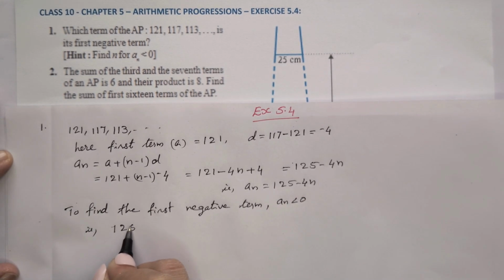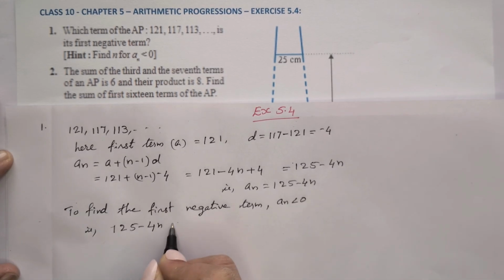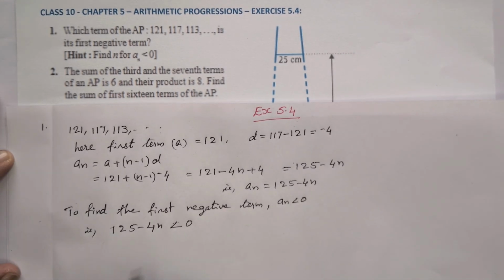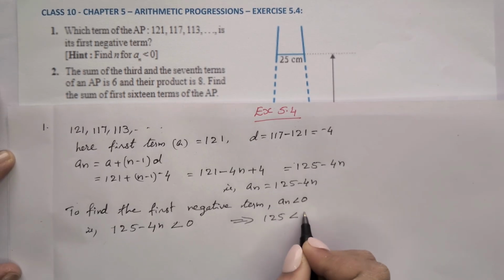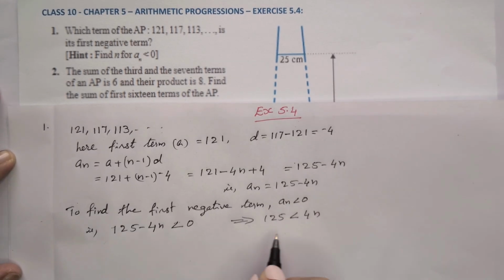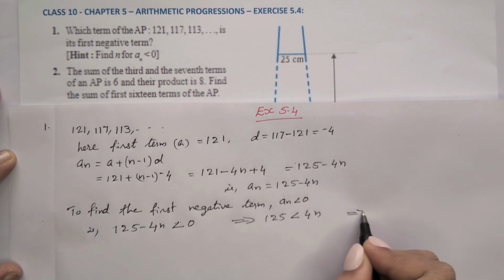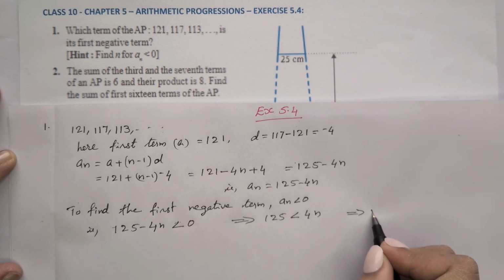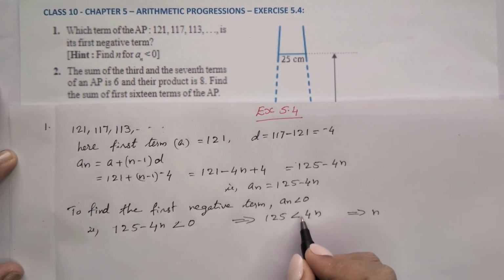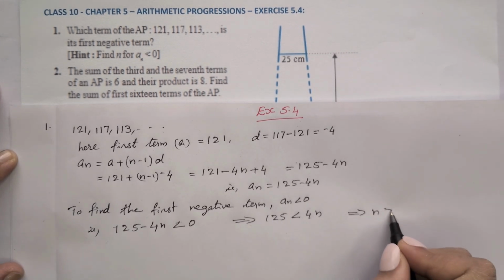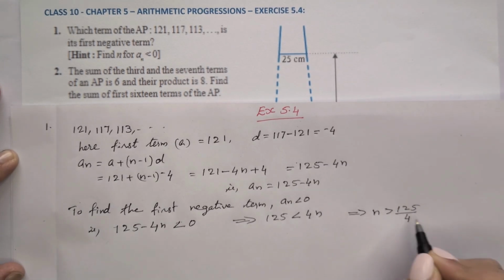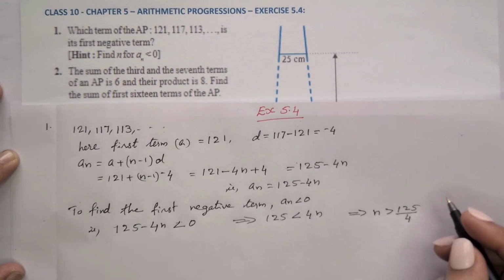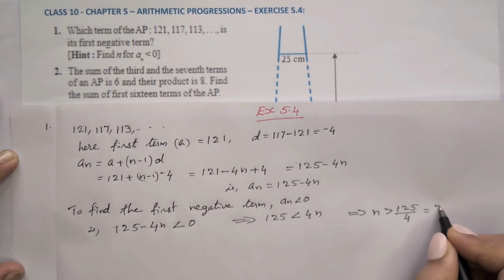This 125 minus 4n should be less than 0, which implies 125 is less than 4n, which implies n is greater than 125 by 4.